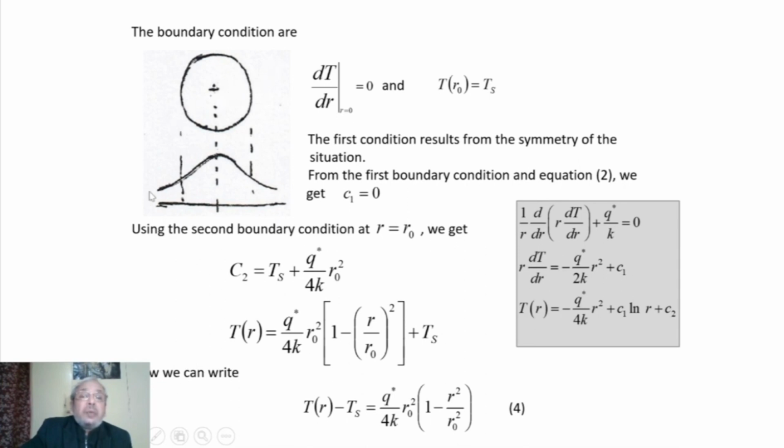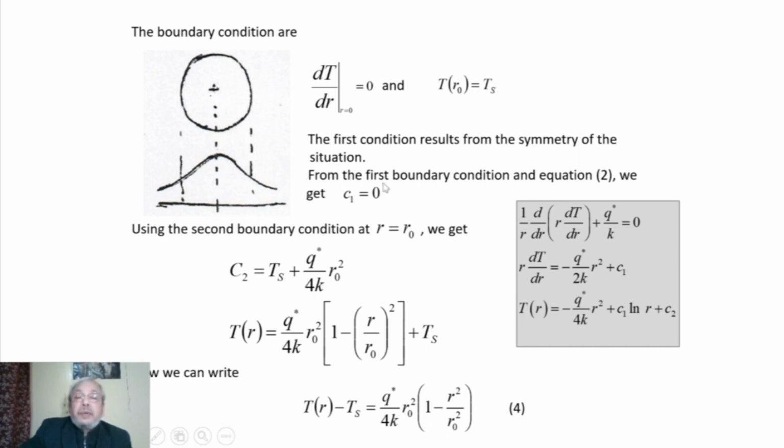So we get the symmetric condition, dT/dr at r equal to 0 at the center equal to 0, and T at R0 is Ts. That means the surface temperature is Ts at r equal to R0.